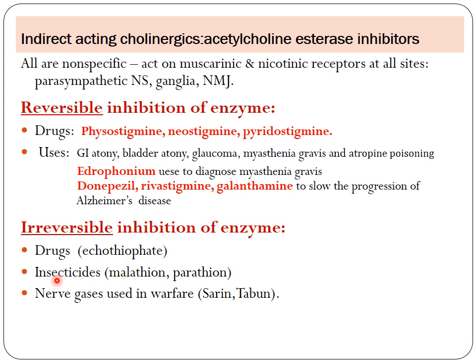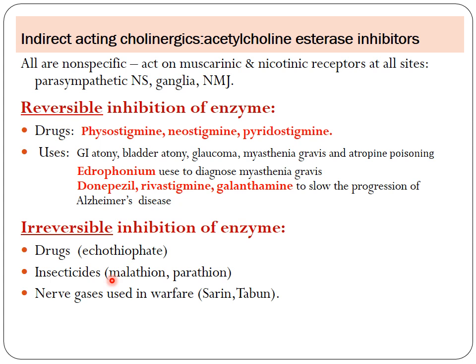We have insecticides or organophosphate insecticides like malathion, parathion. The important thing about these insecticides or organophosphates is poisoning. You should know everything about the organophosphates. Why? Because poisoning can easily occur. It's present almost in every home.